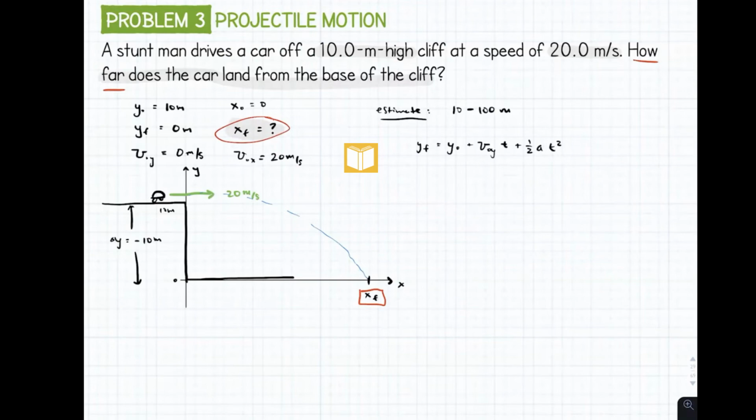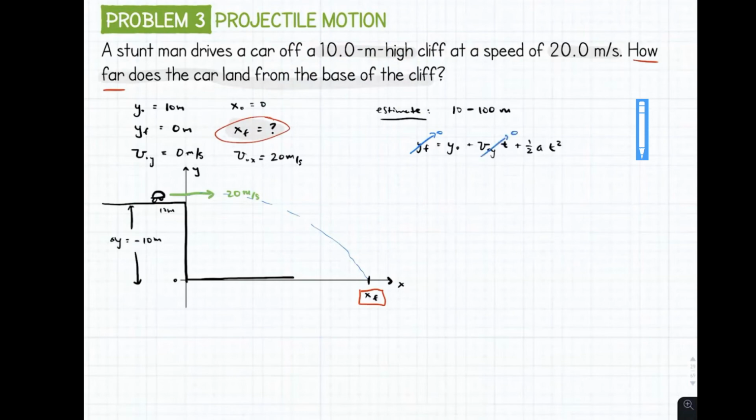All right, we can rewrite this using what we know. So what do we know about y final? Looking back at it, it's going to be 0. What about v initial in the y direction? Our initial velocity in the y direction? Also 0, right? Because we only have velocity in the x direction.